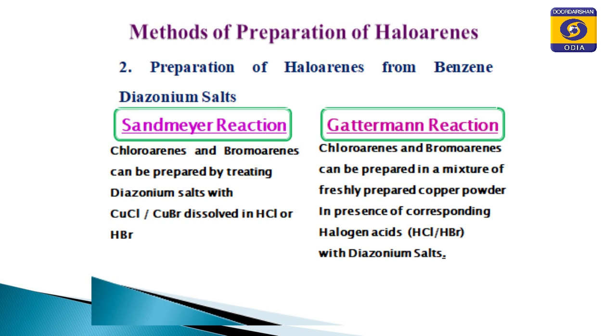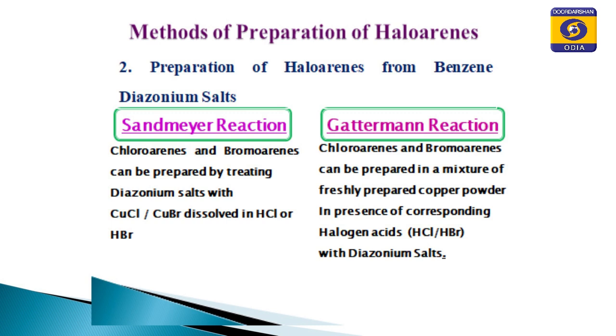But in the Gattermann reaction, the chloroarenes and bromoarenes can be prepared using a mixture of freshly prepared copper powder in the presence of the corresponding halogen acids with the diazonium salts. So, this is the difference between Sandmeyer's reaction and Gattermann's reaction.